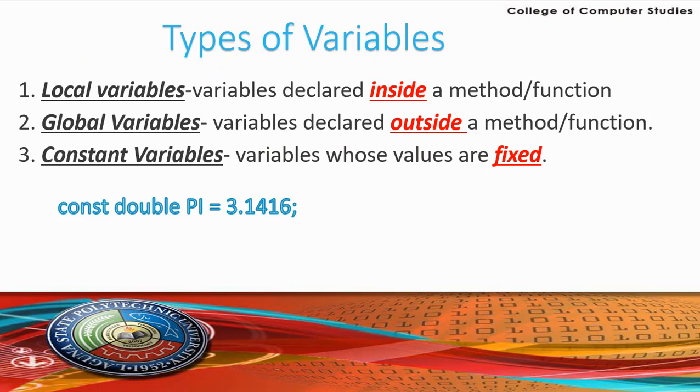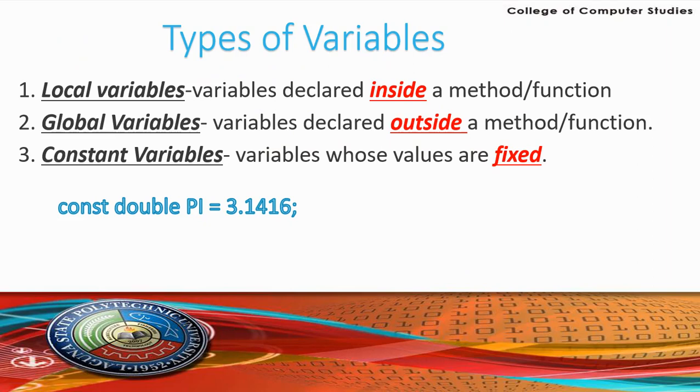So here are the different types of variables. Number one, we have local variables. These are variables declared inside a method or function. Okay? So remember, variables are accessible from where they are declared. Since it is declared inside a method, it is only accessible in that method or function.